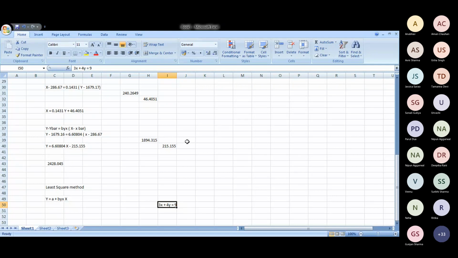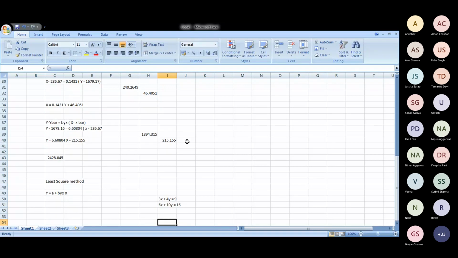Suppose I give another equation, 6x plus 10y is equal to 16. Then you can solve it, maybe by multiplying both sides of the first equation: 6x plus 8y is equal to 18, and 6x plus 10y is equal to 16.